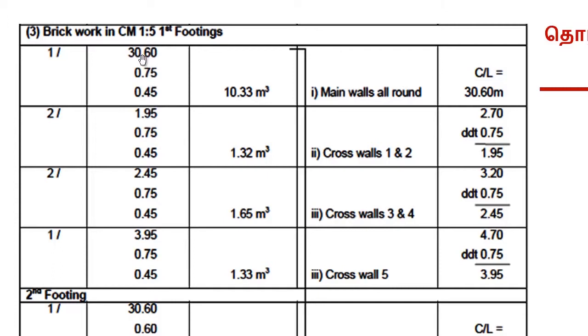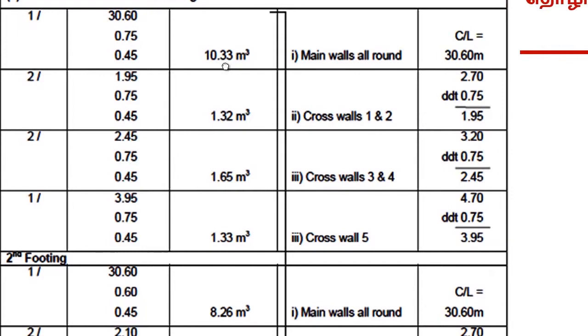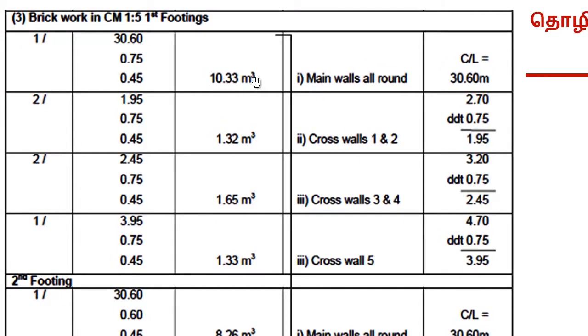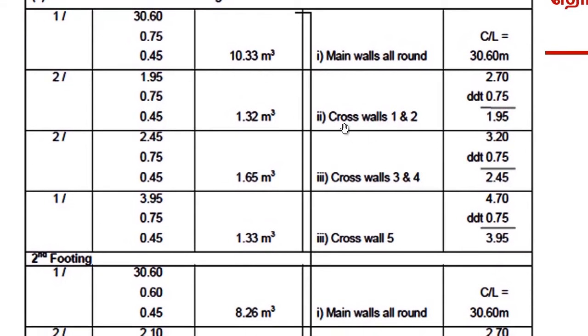In the dimension column write main wall all around, only one number. Then 1 into 30.60 into 0.75 into 0.45, how much? 10.33 meter cube.